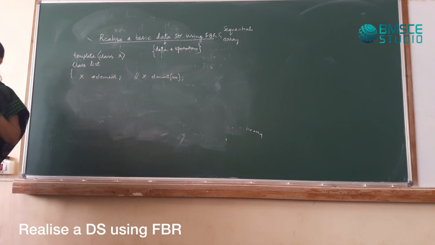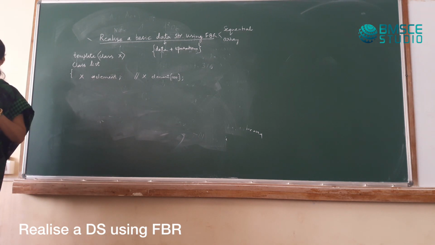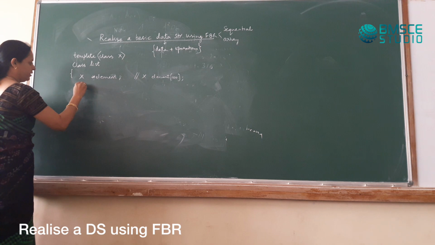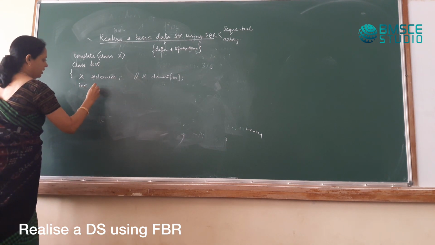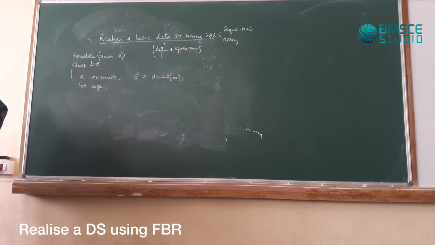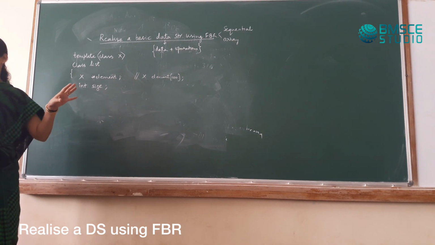Okay. So of type X element, when we are working with arrays, what are the other variables that we need? Size. Wherever we use an array, the size of the array is to be maintained. Okay, so of type int, I will have a variable called size. I also told you that not all the data will be stored at time 0 or time 1 to start with.